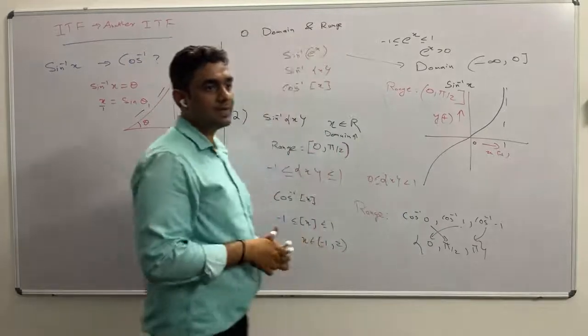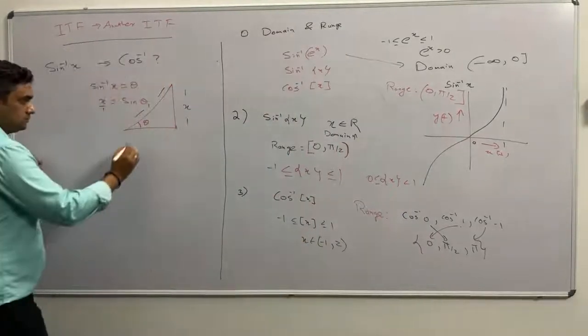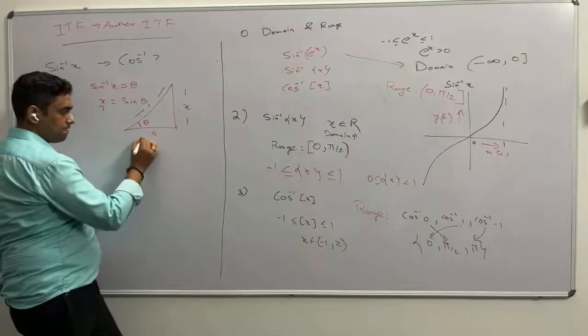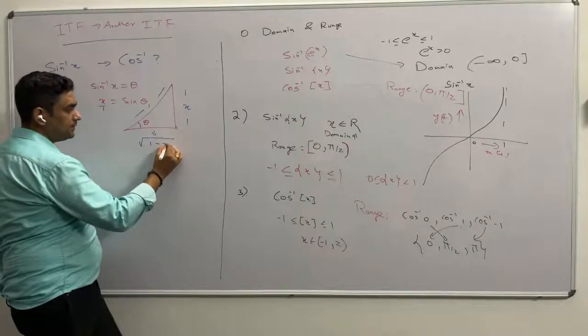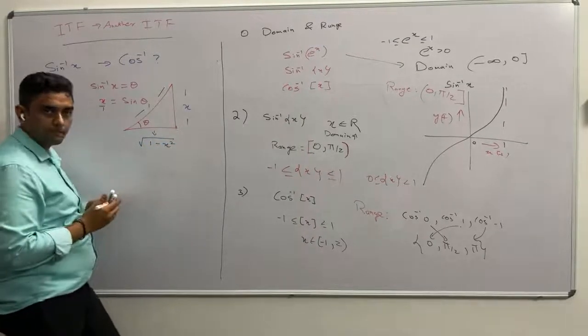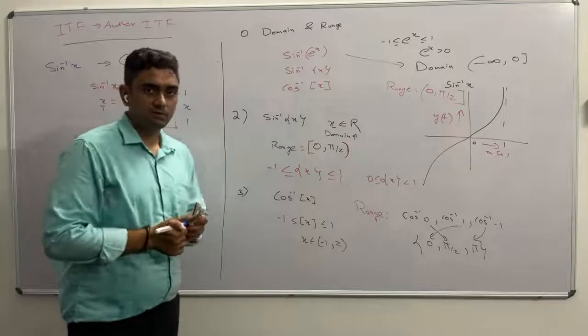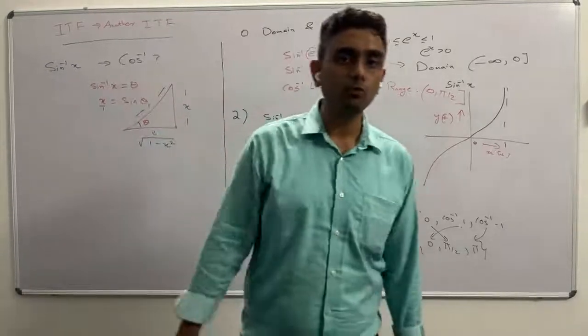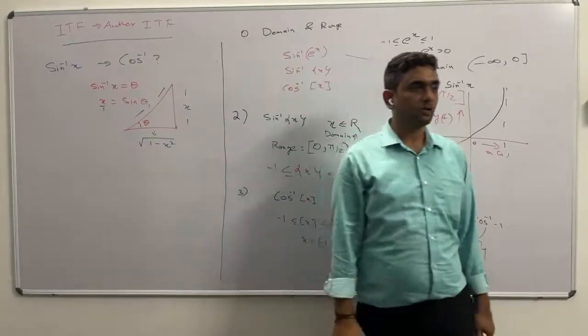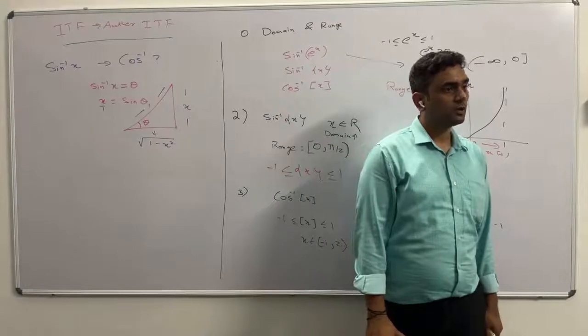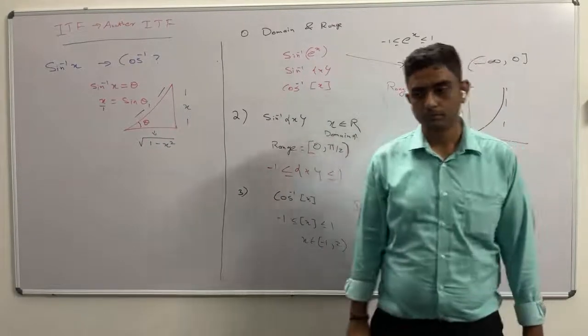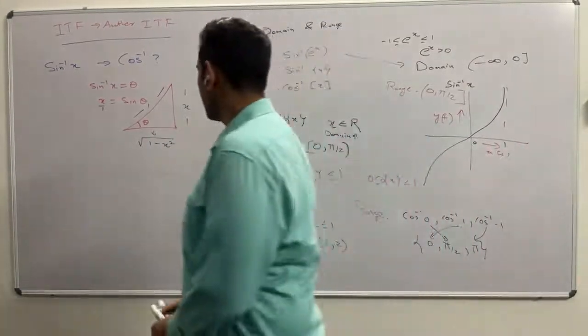So what will be the third side using Pythagoras theorem? It will be root over 1 minus x square. We are using Pythagoras theorem: the sum of the square of two sides should be equal to square of hypotenuse. So this is what we have got.